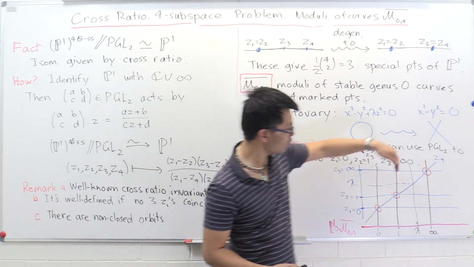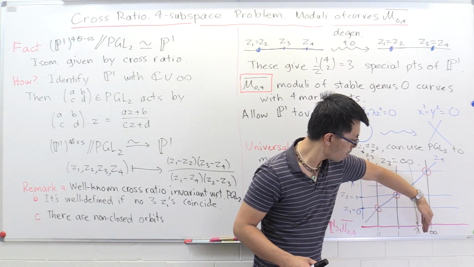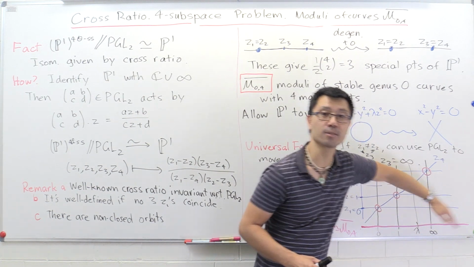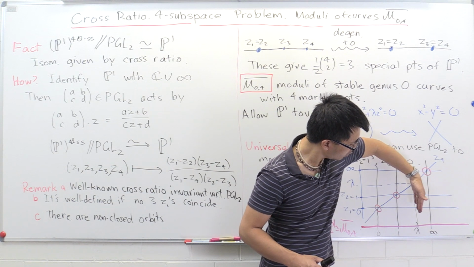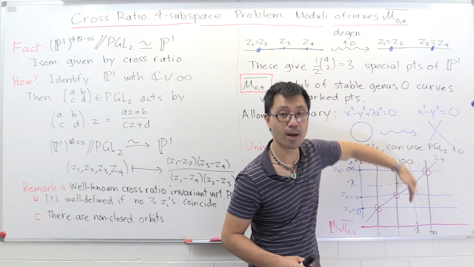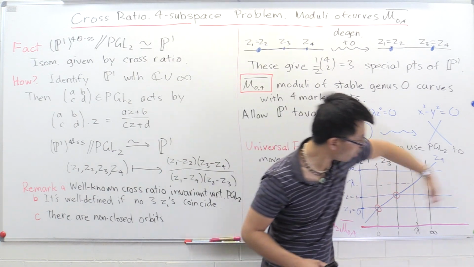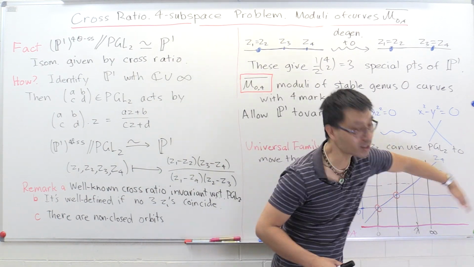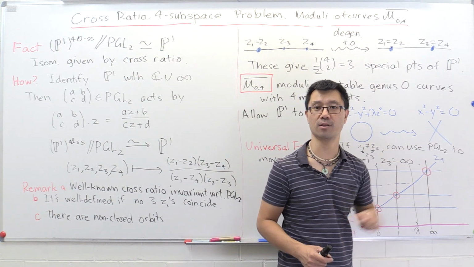To be a universal family means that, as you move this lambda along this P1, you'll get a different curve, or maybe the same P1, with a different set of markings. And as you do that across, of course, you get a one-dimensional family of curves, so you get a surface.